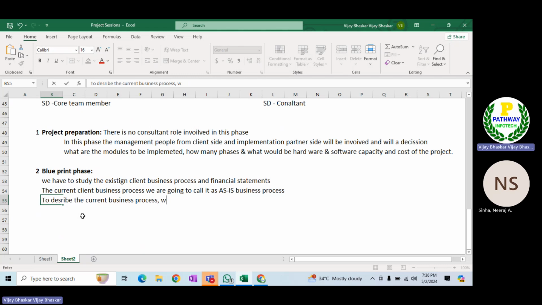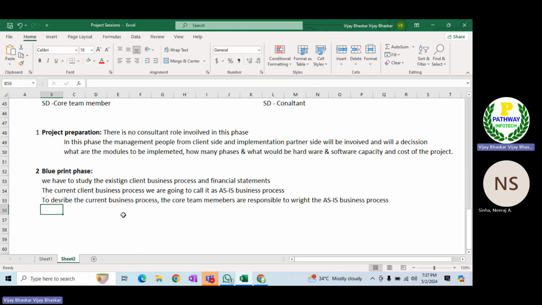To describe the current business process, the core team members are responsible to write the as-is business process.